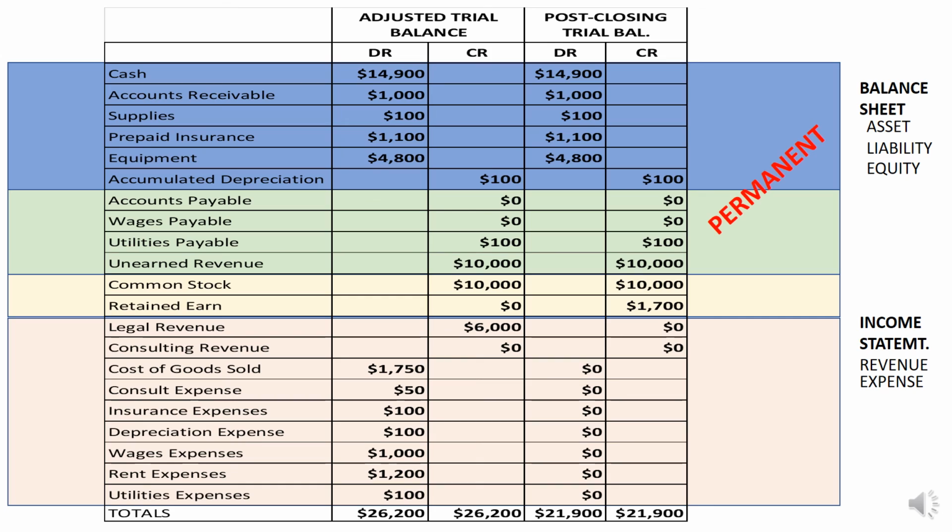Our permanent accounts, to the extent that they've been utilized in Mr. Goodman's short business operations, each have a balance. The retained earnings account, which again is a reflection of the business activity that occurred during the prior period, now has a balance of $1,700, showing that Saul's business earned a profit in its first month of operation and that he plans to use this profit in his future business operations.